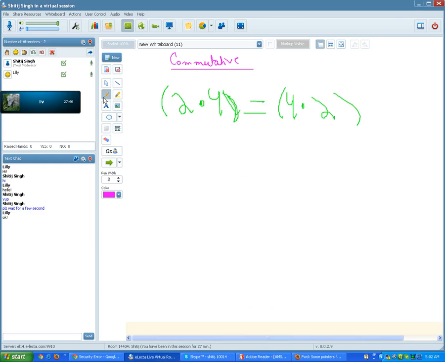Correct. Whether you multiply from the left side or from the right side, if you get the same result, then this is the commutative property. Now remember, these properties work in addition also, and in multiplication. So you have to justify them with multiplication and addition both.